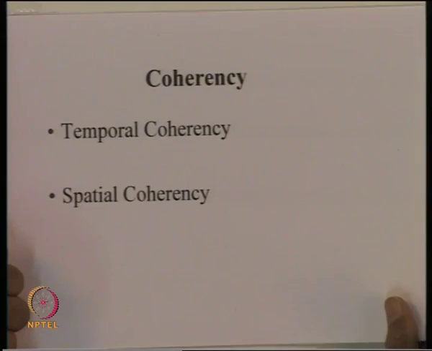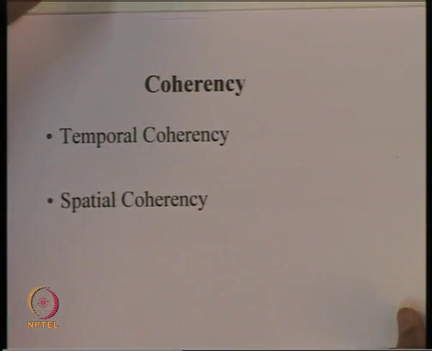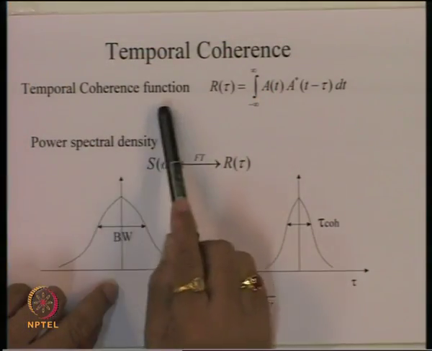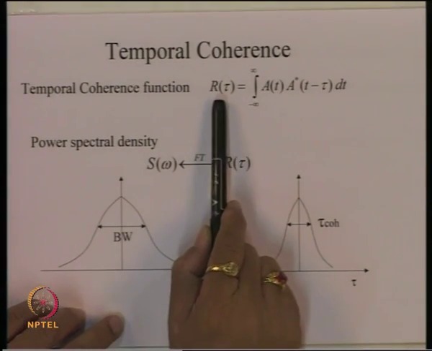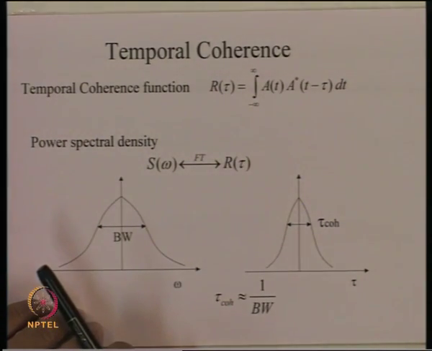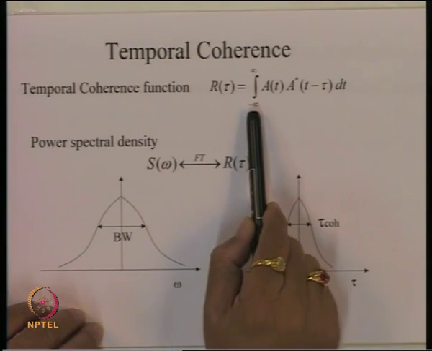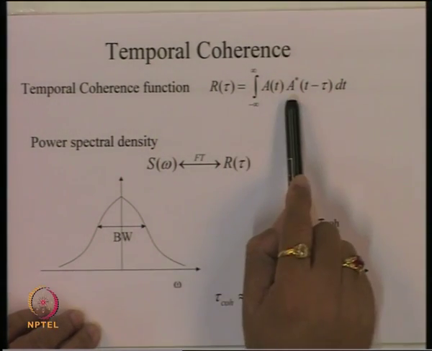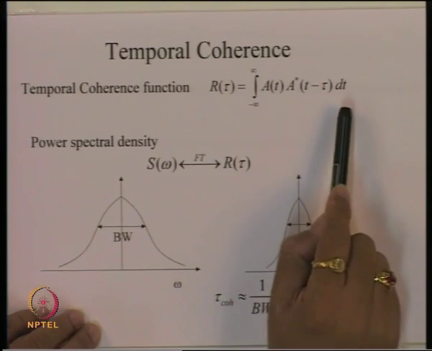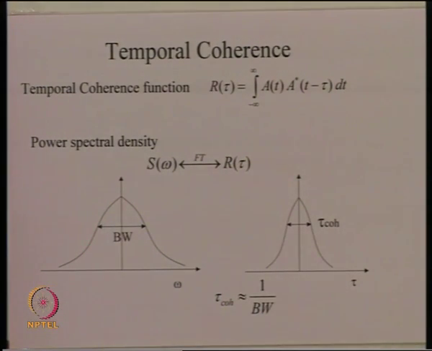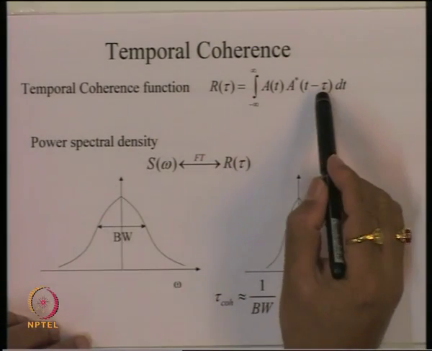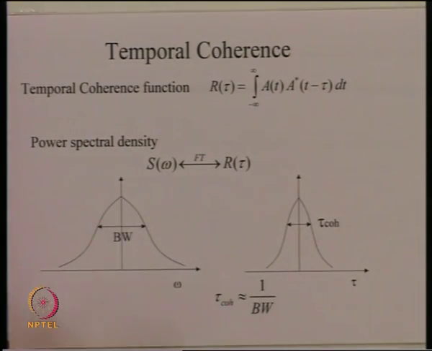So, if I assume that the electric field is varying as a function of time and has a certain amplitude A, then I can define what is called the temporal coherence function, which is given by R of tau, the integral over time from minus infinity to infinity of A of t times A conjugate of t minus tau, dt, where tau is the delay parameter.